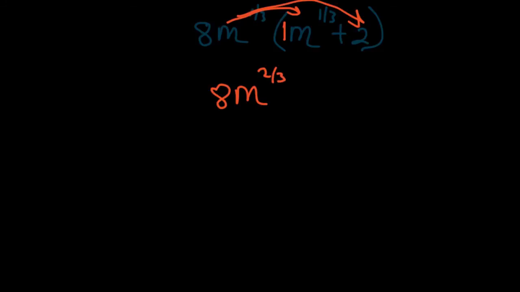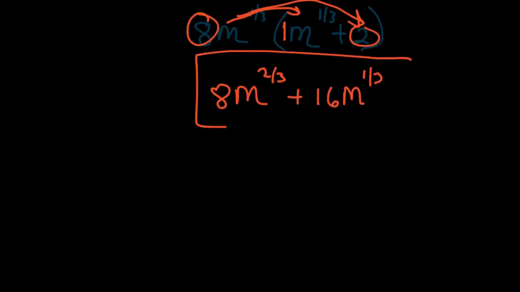Then multiplying 8m to the 1/3 times 2, the coefficients are 8 and 2, so that's 16m to the 1/3. These are unlike terms because they have different exponents, so we cannot go further. And that's our final answer, 2 unlike terms.